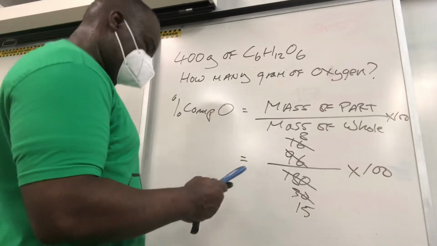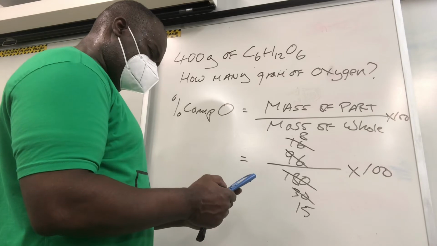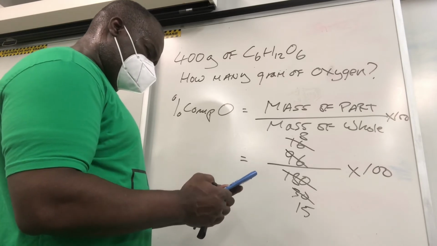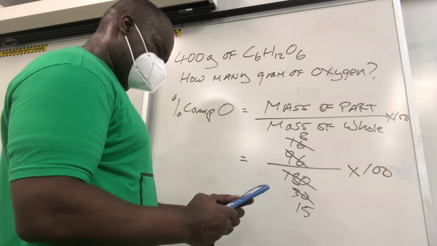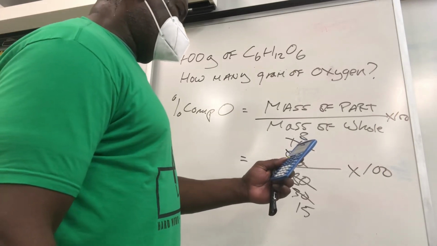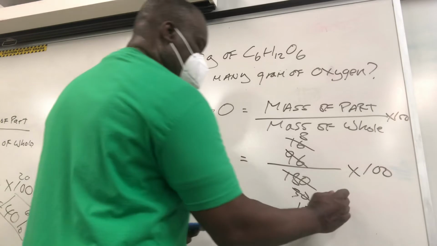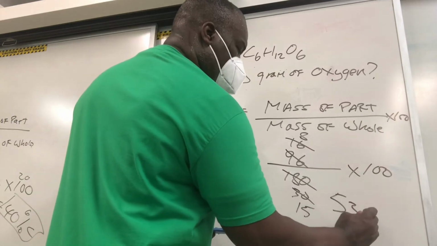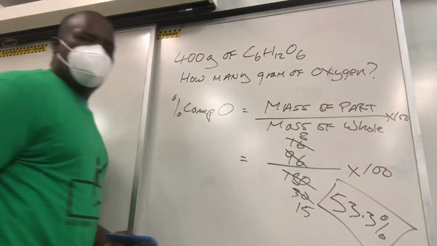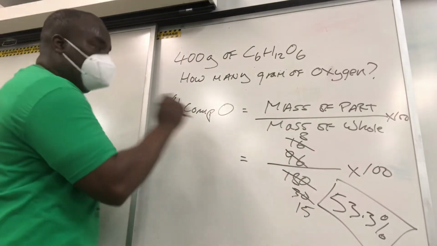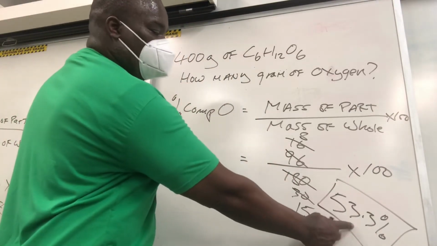Okay, 8 divided by 15, multiplied by 100. Bam. So I got 53.3%. So 53.3% is our answer. No problem. Now, that's not our final answer. That's our percentage of oxygen.